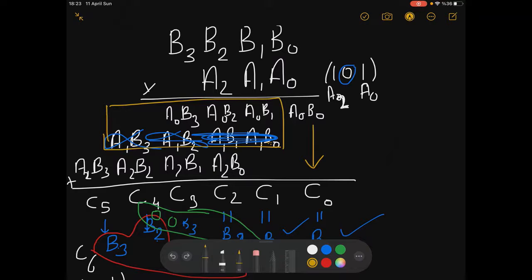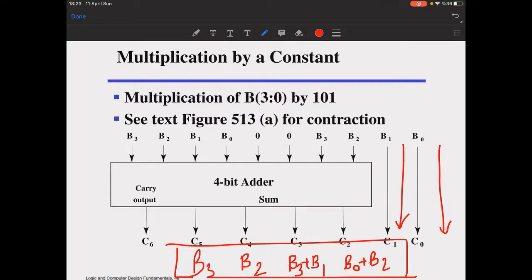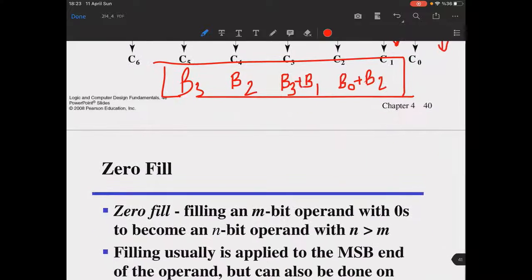And for this one you need another full adder again, right? In fact, this should be 2 levels if we didn't use constants. But since we used the constant, we were able to do the contraction and reduce the circuit into this one. That's it about multiplication by a constant value.